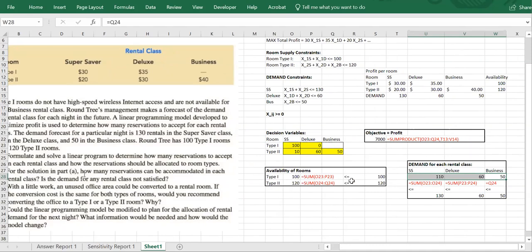Now the question asks, we can add to either of these two figures by 1 unit. Now, what is your preference? If we increase this to 101, or if we increase the number of type 2 rooms to 121 units, which one do you think is a better decision? Which one do you think is a better addition?